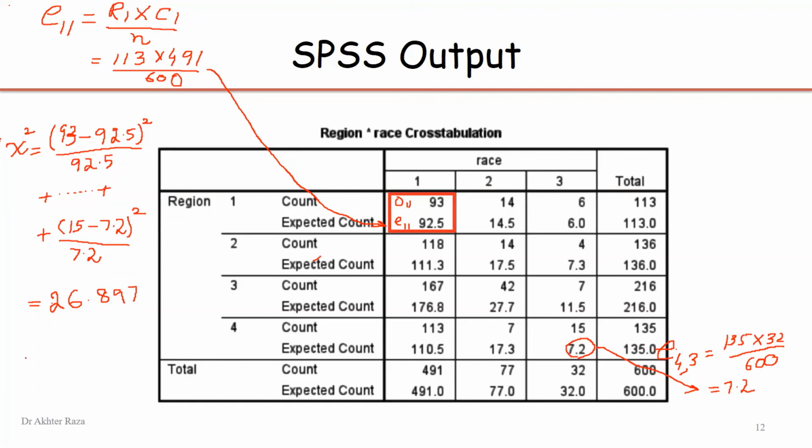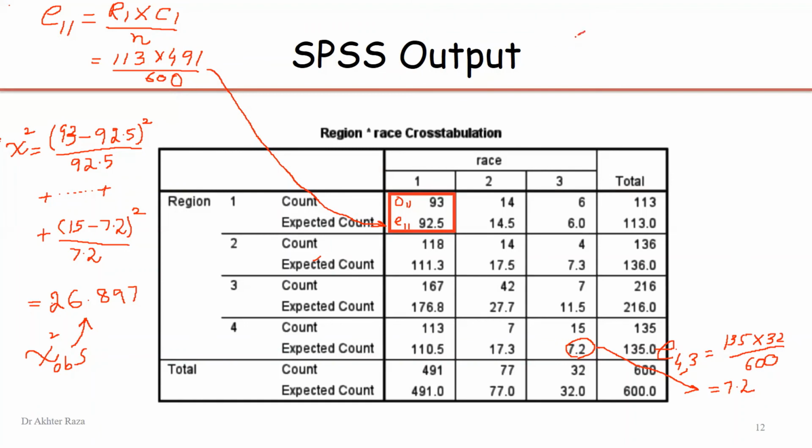We call it the observed value of chi-square. If the chi-square observed value is larger than the critical value, then the null hypothesis is rejected. And the degree of freedom in this case is r minus 1 times c minus 1.